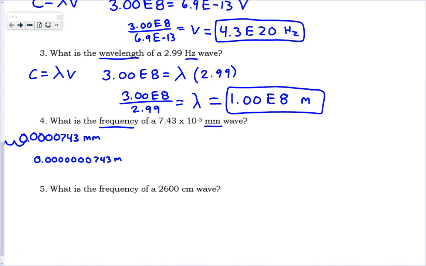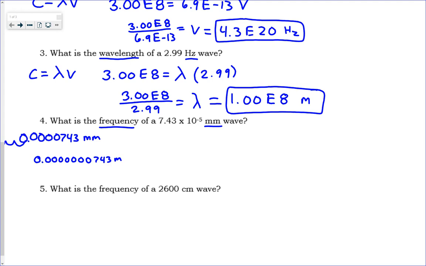Alternatively, if you are interested in keeping this in scientific notation and you know that you're moving the decimal spot over 3 places, it's going to be 7.43 times 10 to the negative 8th. That might make more sense to people who are really good at math. I'm going to leave it this way. So that is going to be our wavelength in this case.